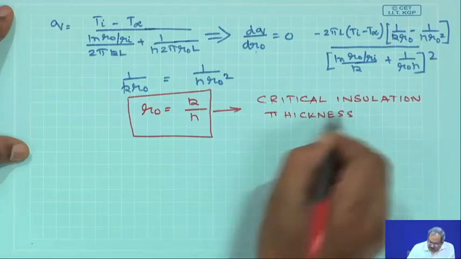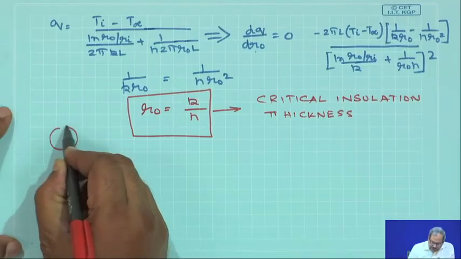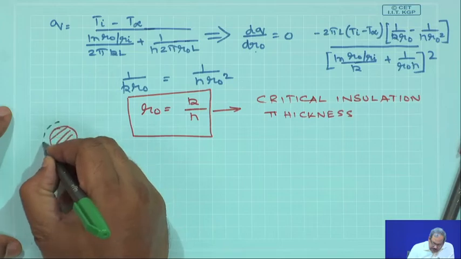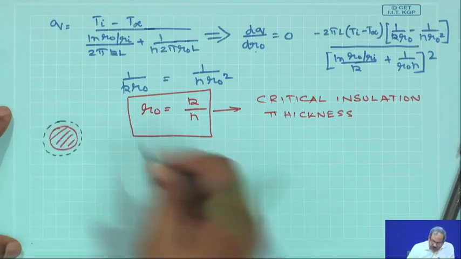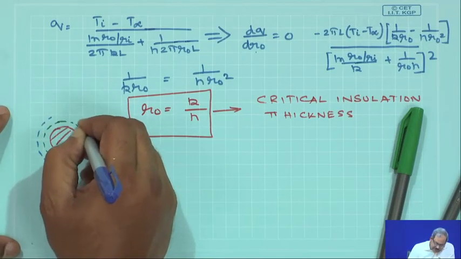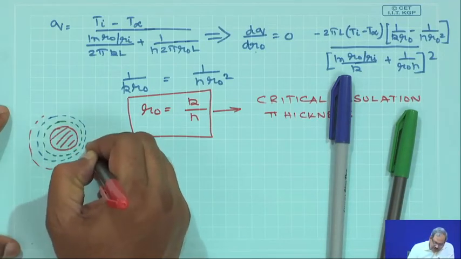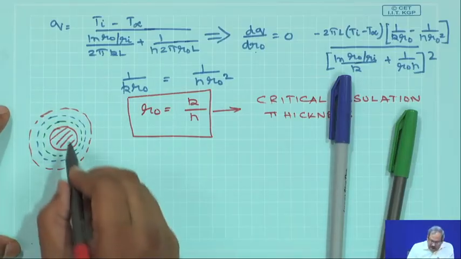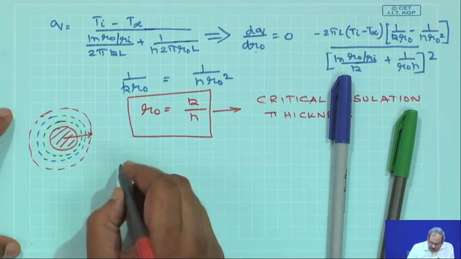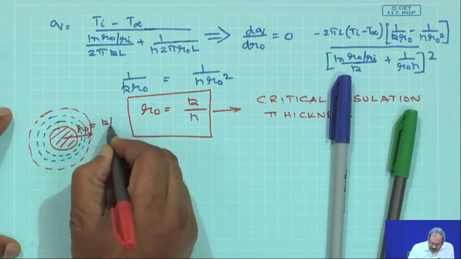So, this critical insulation thickness tells you that if you have a solid cylinder and you are putting insulation around it, this is your first level of insulation, and then at the next instant you increase the thickness of insulation some more, and you are going to increase the thickness even more. Let us say this is r 0, which is equal to k by h.